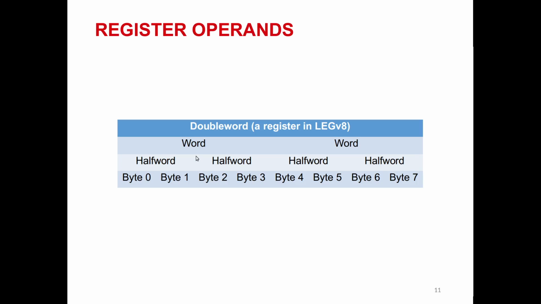Each half word has 2 bytes like this, or you can use the data in your register by byte, which is 8 bits, from byte 0 to byte 7. So one register in your CPU in LEGv8 will have 8 bytes together, or 64 bits.